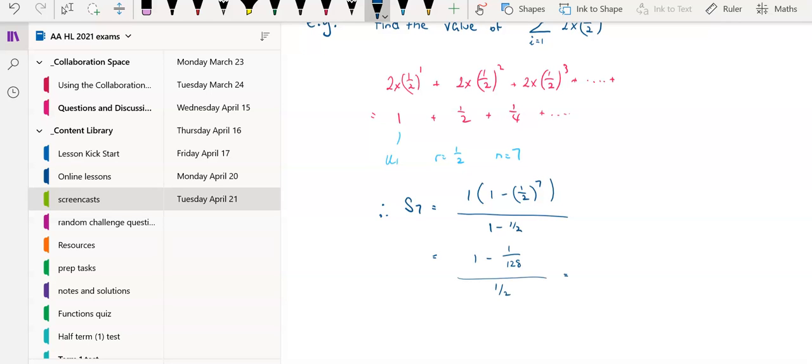Now my numerator, therefore, is 127 over 128. My denominator is a half. If I divide by a half, it's the same as multiplying by 2. So I get 254 over 128, which reduces to 127 over 64, which might be about the best we can do.